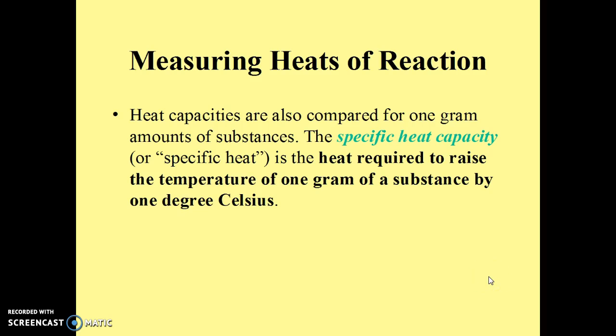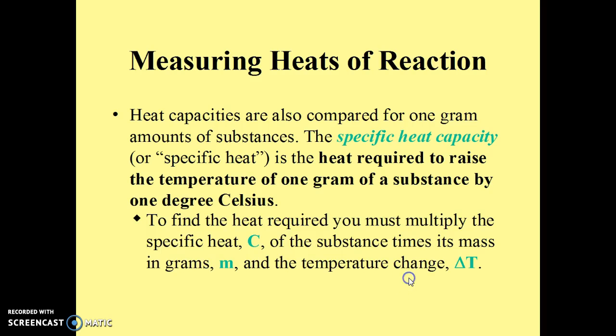The heat capacities are also compared for 1 gram amounts of substances. And we were using that just in this last problem. So specific heat capacity is the heat required to raise the temperature of 1 gram of a substance by 1 degree Celsius. And this is going to be specific to that substance.